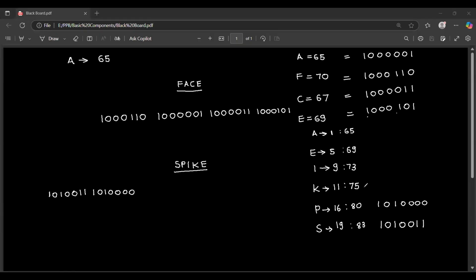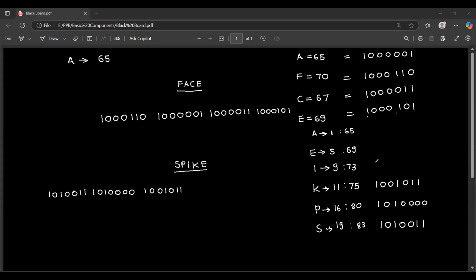Then we have K, 75, which is 64 plus 8 plus 2 plus 1, so it will be 1001011.